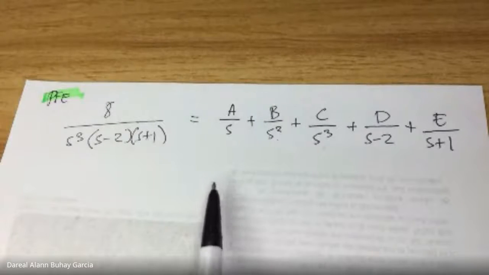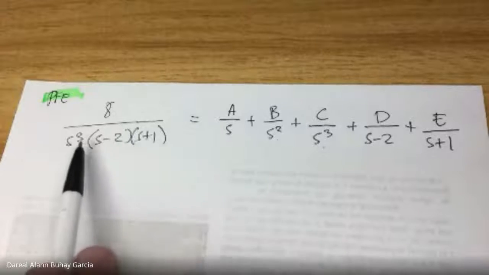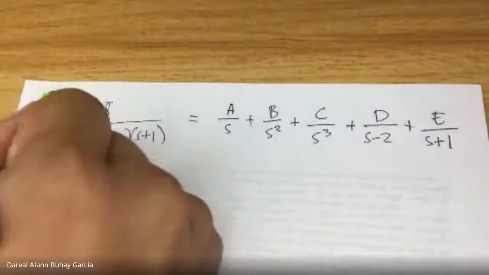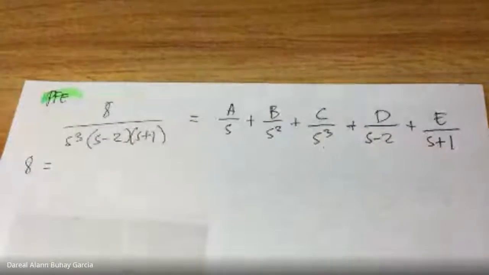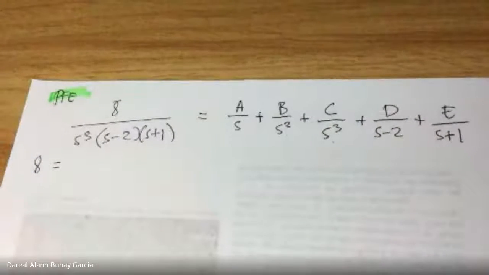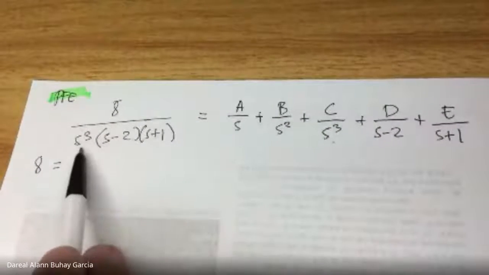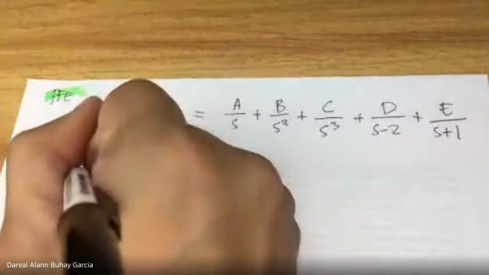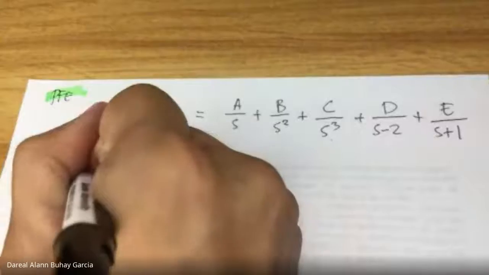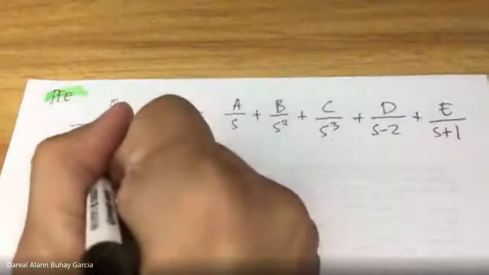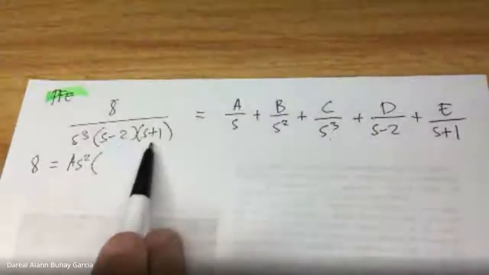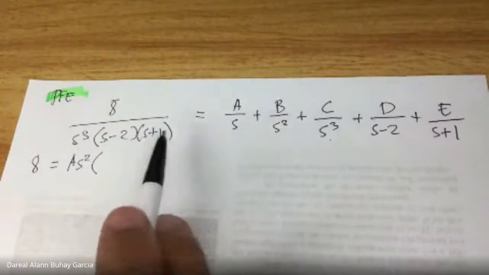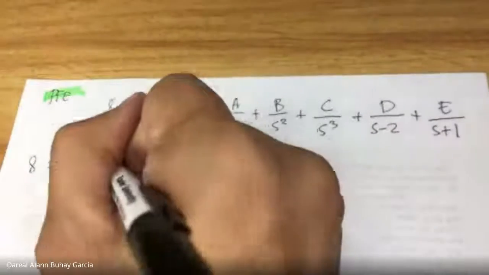Next is multiply all sides by the denominator. So, may tubo dili 8 na lang ni. 8 is equal to S squared A, S squared, S minus 2, S plus 1. S minus 2 S plus 1 is S squared minus S minus 2.